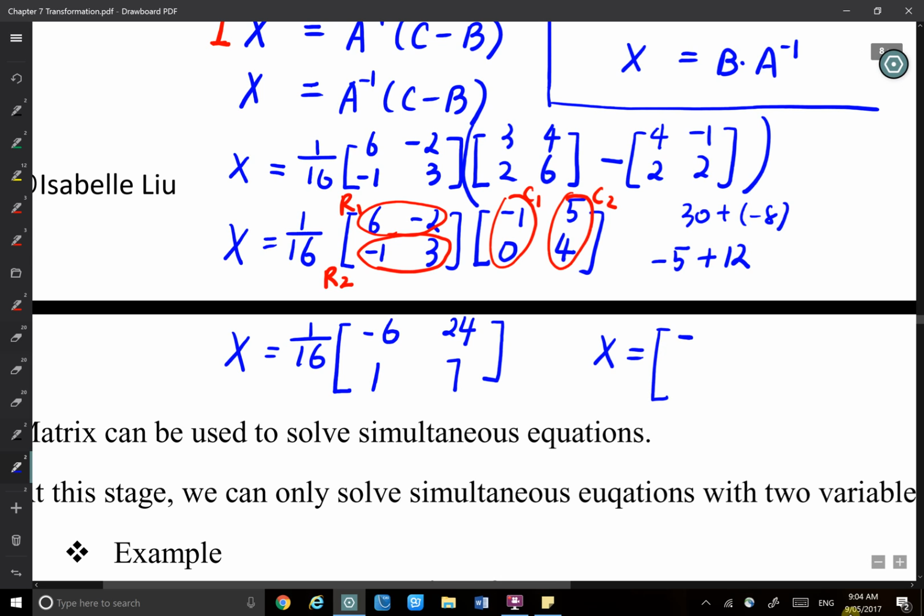That's minus 3 over 8, 1 over 16, 4, and 22 here. So it's 11 over 8 and 7 over 16.